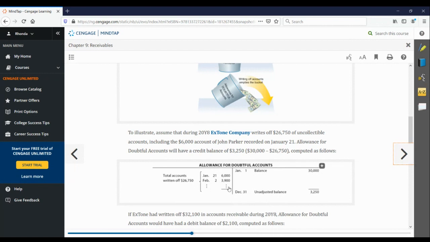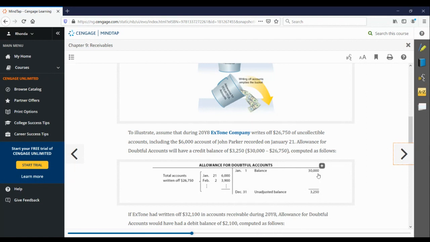So at the end of the year, we will rebalance our allowance for doubtful accounts, and what we're going to have is an unadjusted trial balance amount of $3,250 as the remaining balance that is left.